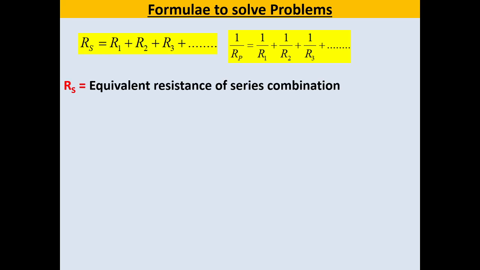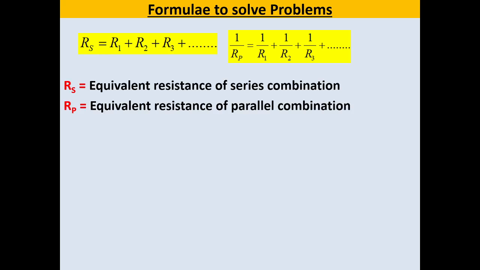Now let us solve certain problems related to combination of resistances, that is series and parallel. The formulas to solve problems are: whenever resistances are connected in series, we use the equation Rs is equal to R1 plus R2 plus R3 plus etc. Whenever resistances are connected in parallel, we write 1 upon Rp is equal to 1 upon R1 plus 1 upon R2 plus 1 upon R3 plus etc. Here Rs is the equivalent resistance of the series combination, Rp is the equivalent resistance of the parallel combination, whereas R1, R2, R3 etc. are individual resistances.